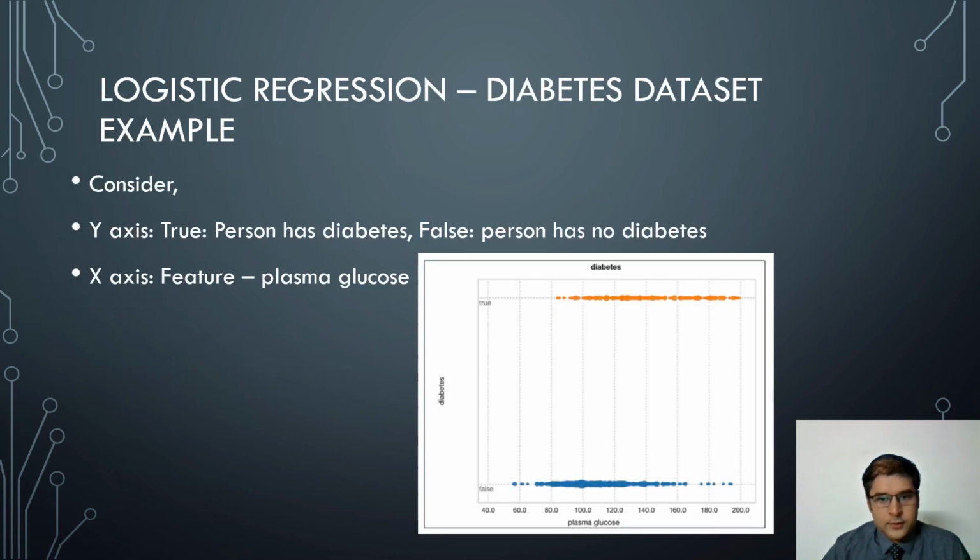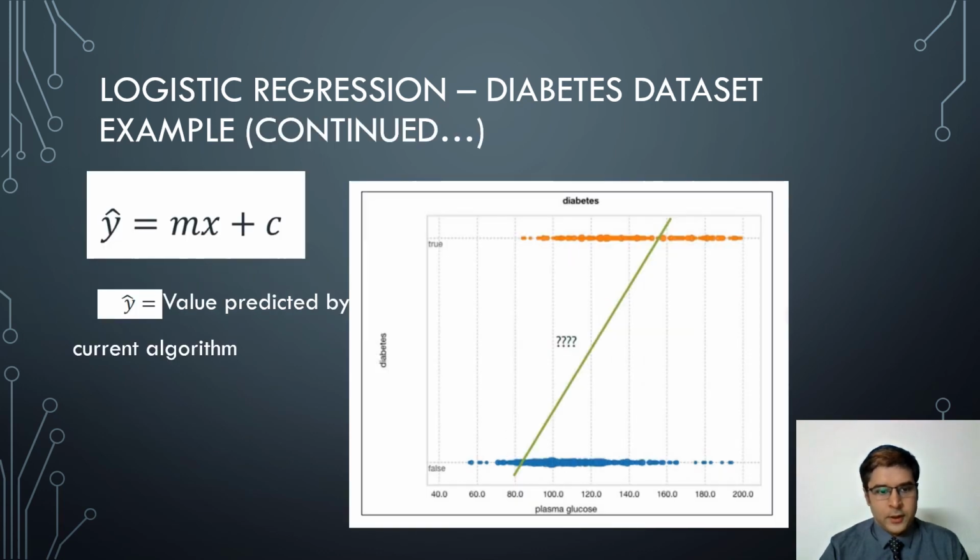For a logistic regression use case, take the diabetes dataset example. Consider the y-axis to be true when a person has diabetes and false when the person has no diabetes, and the x-axis is the feature, which is the plasma glucose of that patient. In the case of linear regression, the output was given by this formula, which is a straight line on the input x feature, where y cap is the value predicted by the algorithm.